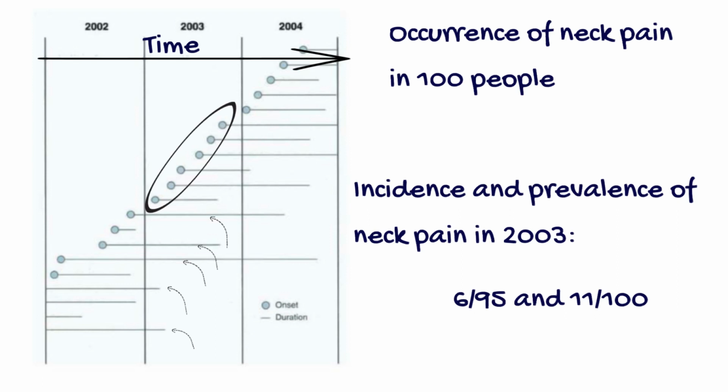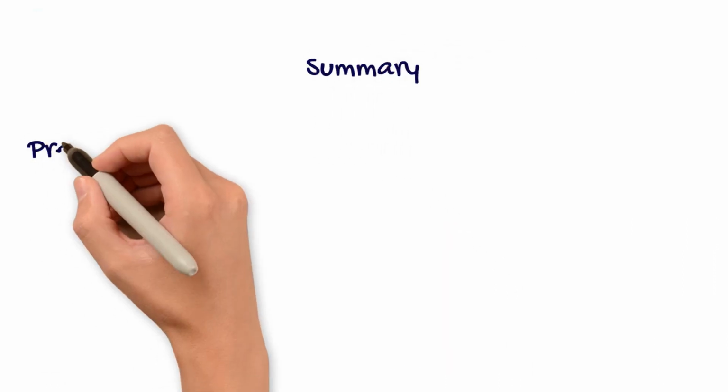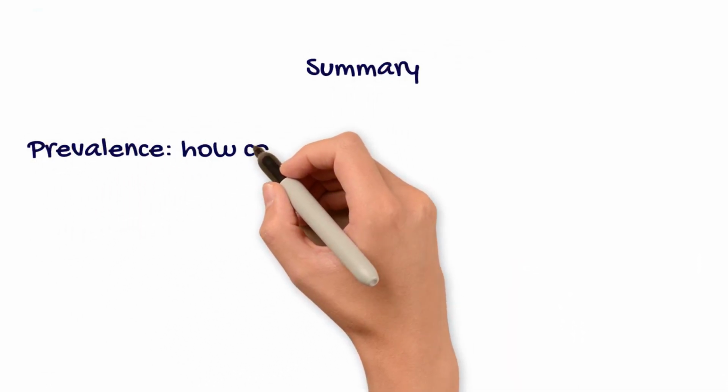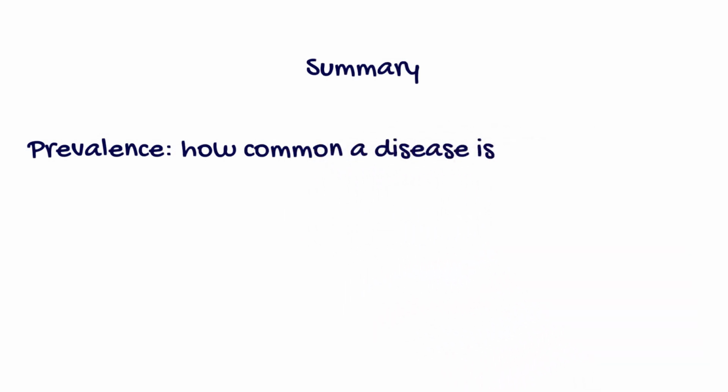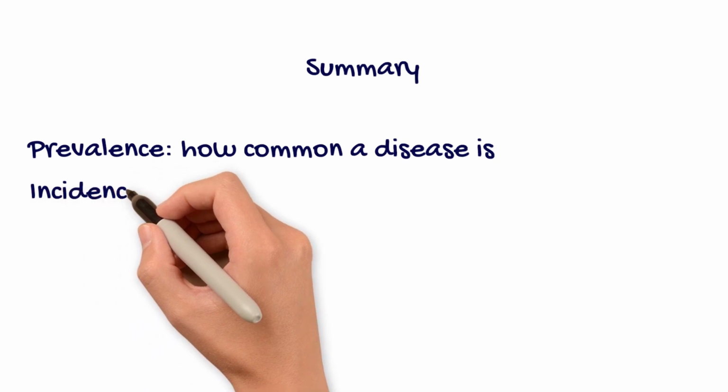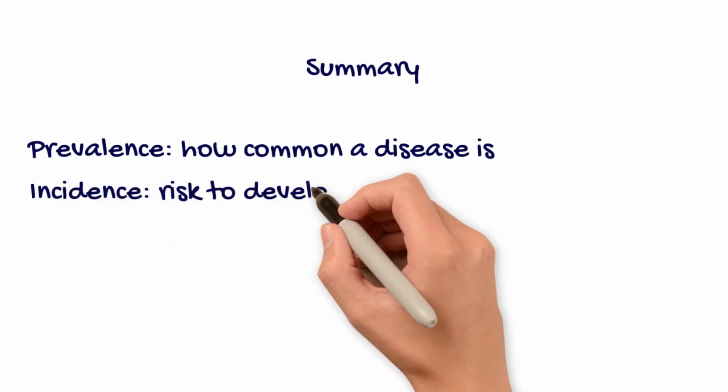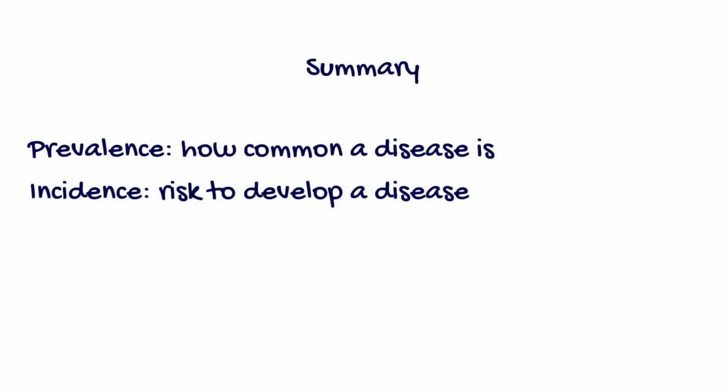In summary, prevalence tells us how common a disease is among a group of people and helps us understand the burden of a particular disease in a population. If a disease has a high prevalence, it means a lot of people in that population have it. While incidence tells us how many new cases are occurring.